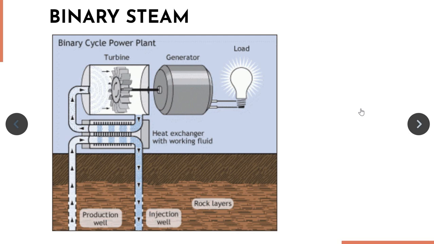Heat from the geothermal fluid causes the secondary fluid to flash to vapor, which then drives the turbines. Because this is a closed loop system, virtually nothing is emitted to the atmosphere. Moderate temperature water is by far the most common geothermal resource, and most geothermal power plants in the future will be binary cycle plants.